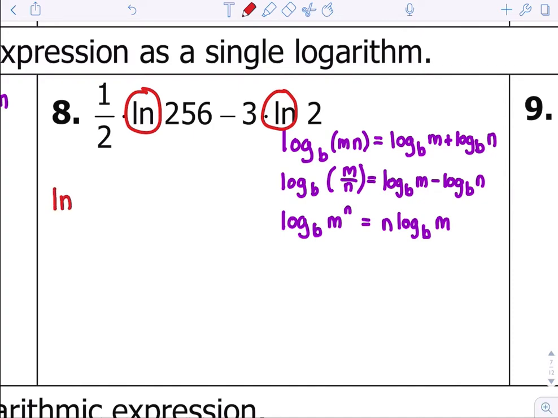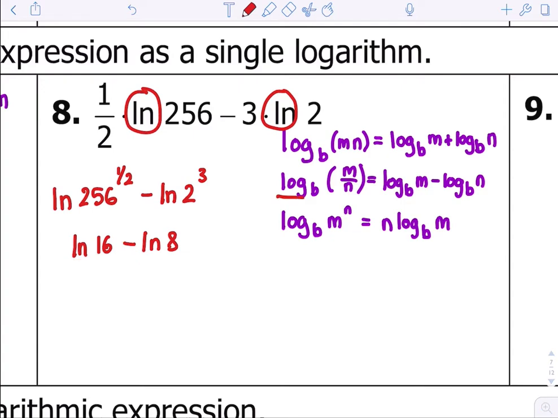So ln of 256 to the 1/2 minus ln of 2 to the 3rd. ln of 256 to the 1/2 is ln of 16, minus 2 to the 3rd power is 8. So we have natural log, and a minus sign in between.